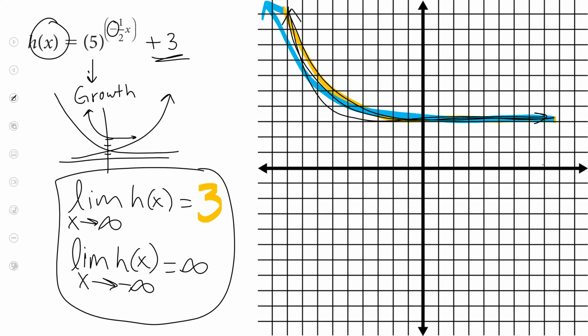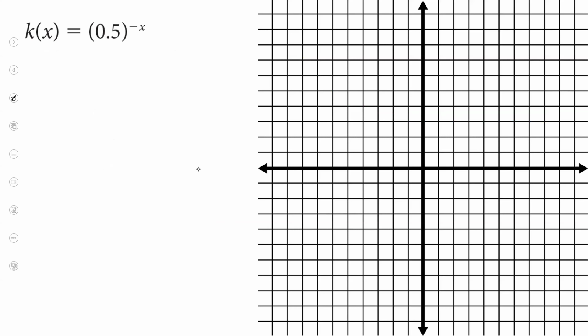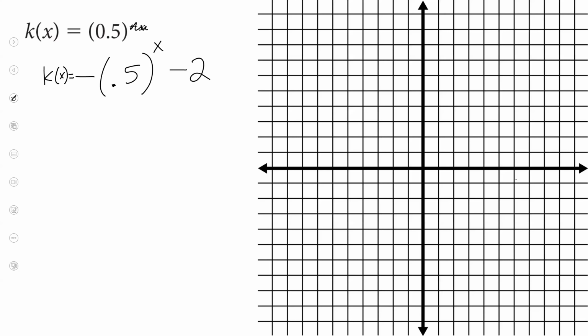Okay, I'm going to give you one more, guys. I'm going to change this. I'm going to make it like this. What does this look like? What does that look like? Very good job, guys. All right, so this is decay because this is 0.5.